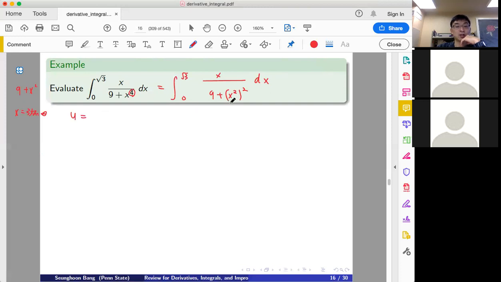U equals inner function x squared. The du is 2x dx, only divided by 2. So this is the same as 1 over 2 du equals x dx. This is the idea for solving this problem.